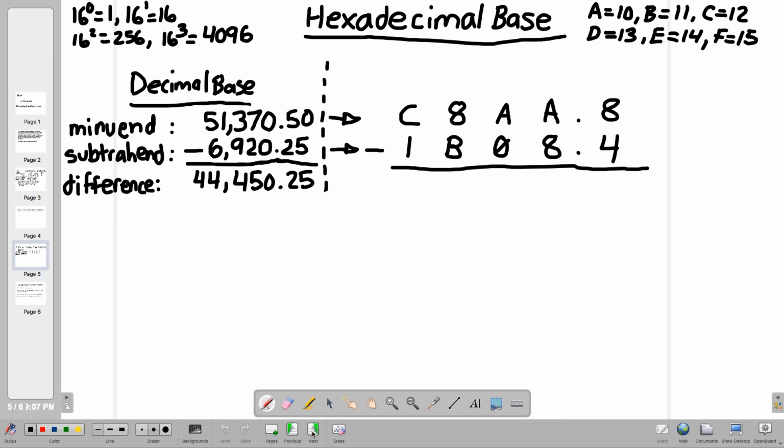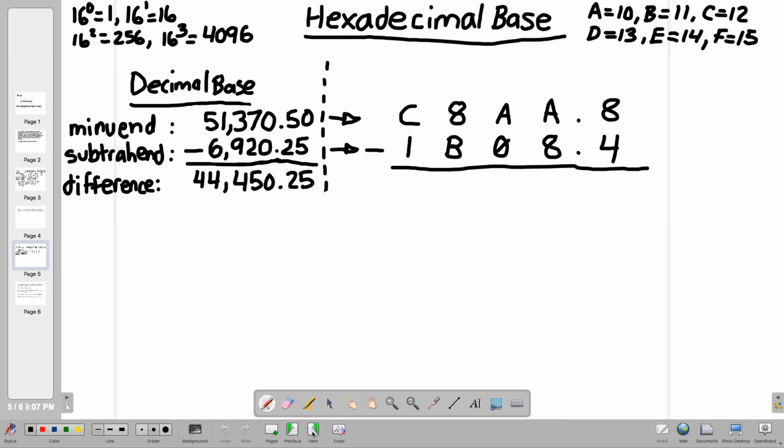For this example, we want to use the value 51,370.50 minus 6,920.25, and our expected value is 44,450.25. Towards the right, we have the hexadecimal representation for the value 51,370.50.